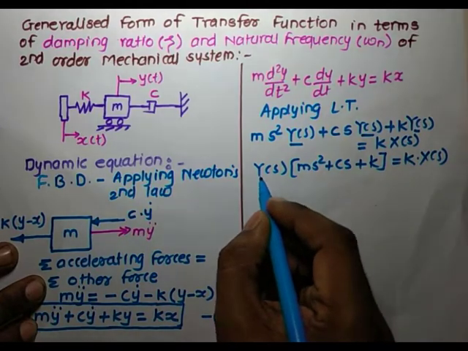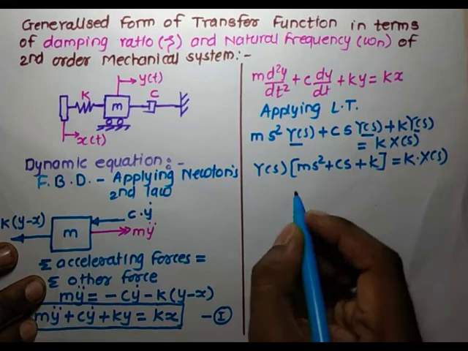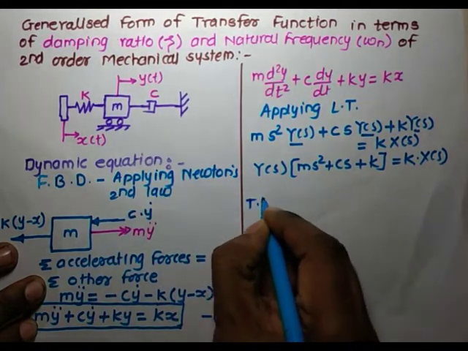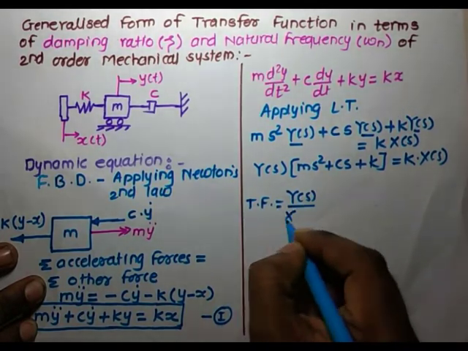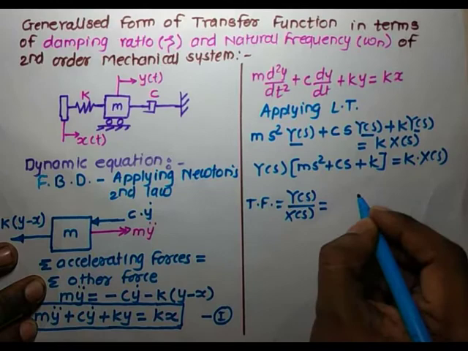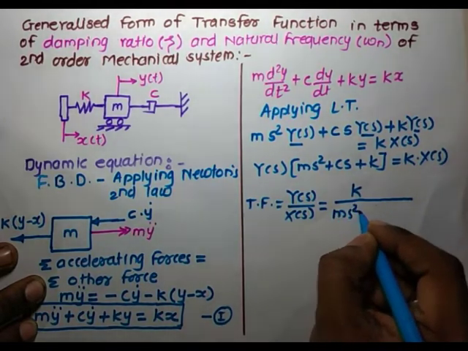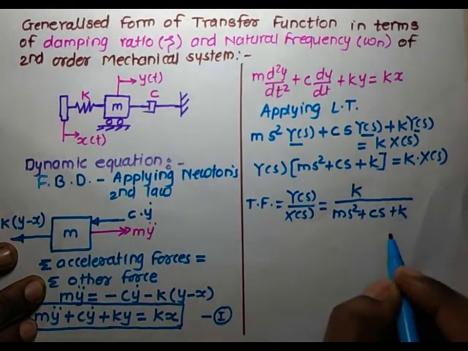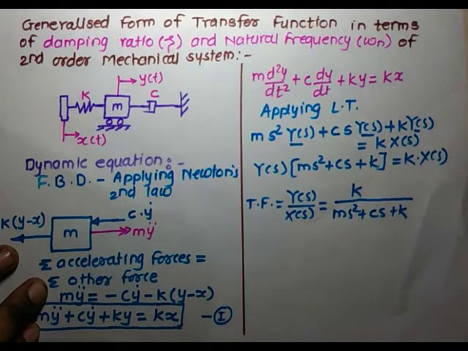We'll take the ratio of Y of s to X of s, which will give us the transfer function of the given second order mechanical system. So the transfer function Y of s over X of s is equal to k over m s square plus c s plus k. So this gives the transfer function of the given mechanical system.